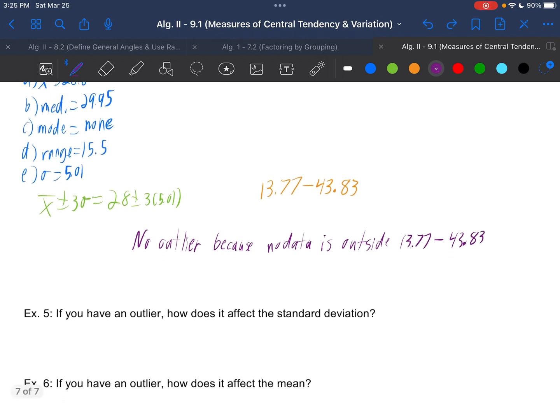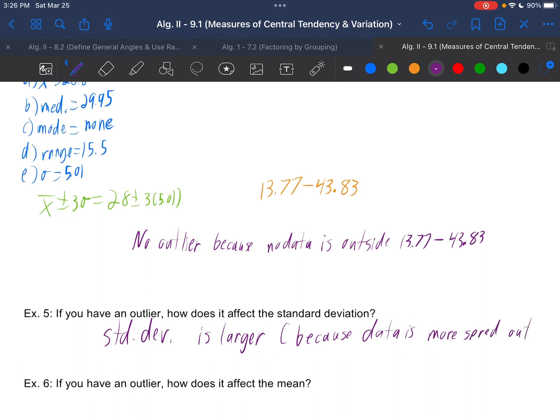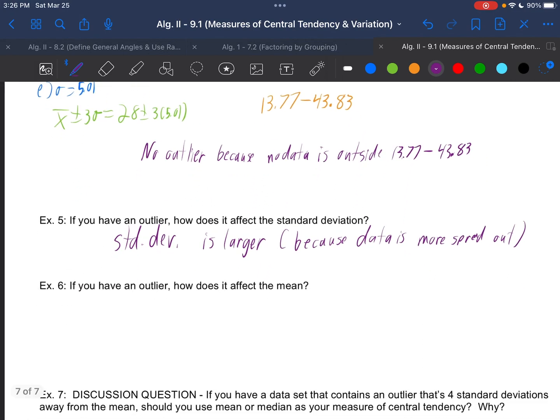So if you have an outlier, the standard deviation is going to be larger, because the data is more spread out. The farther spread out the data is, the bigger the standard deviation. The less spread out, the smaller the standard deviation.